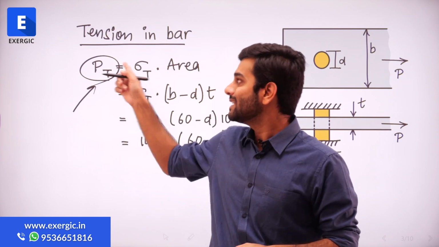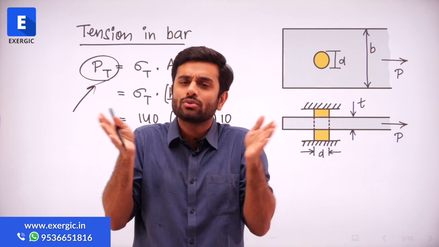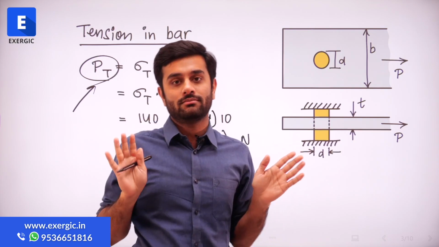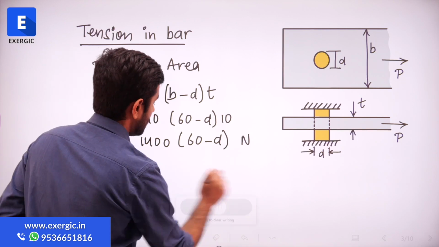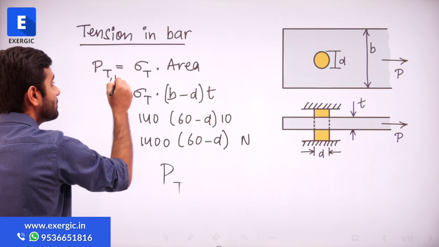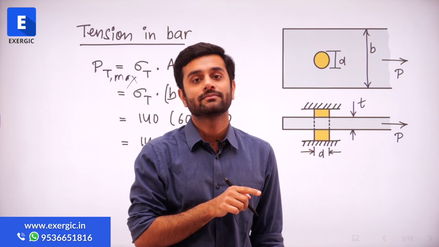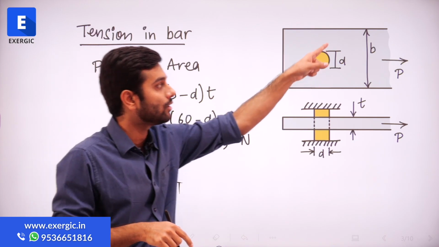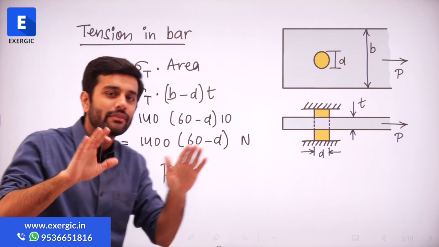No. PT is telling you how much force you can apply so that you stay within the safe region. PT value in reality, exactly this one is PT max. The maximum allowable force, considering the tensile failure of this plate, is this one. Not any value of P.